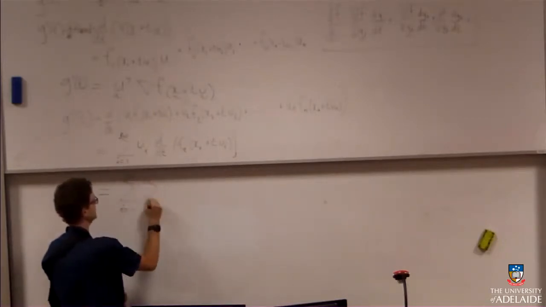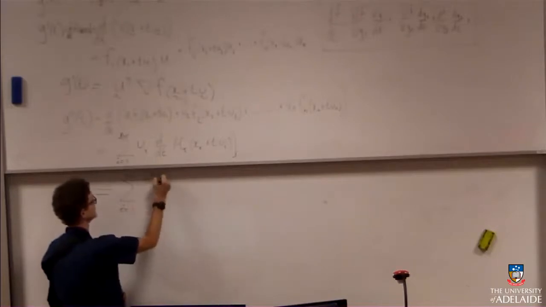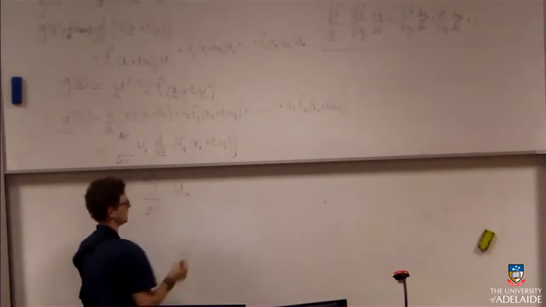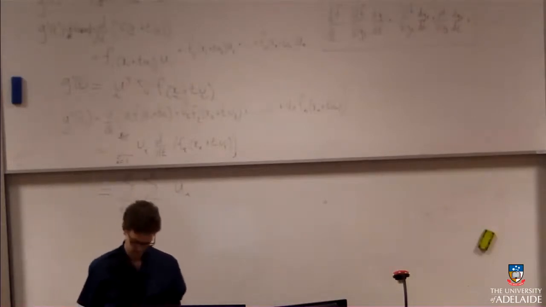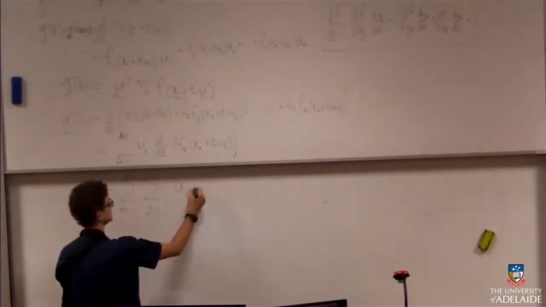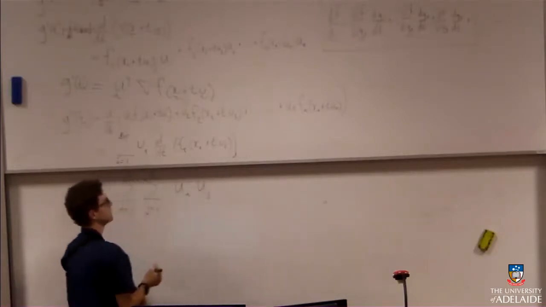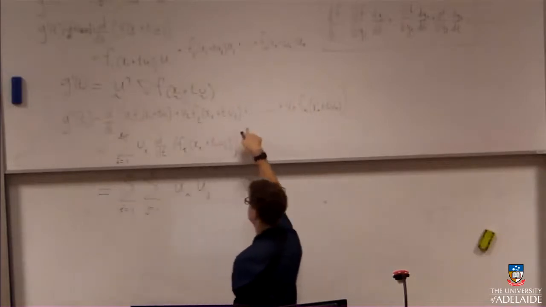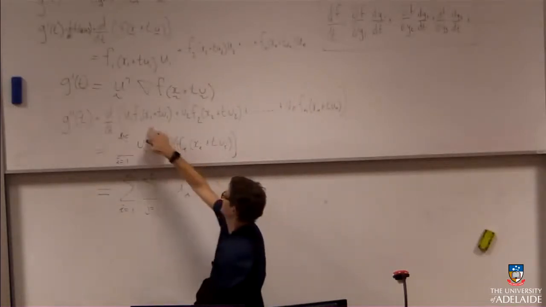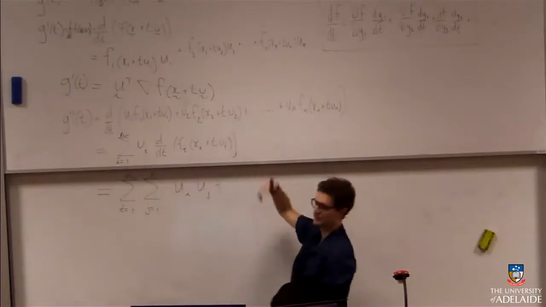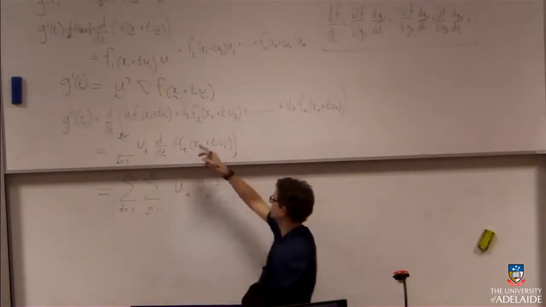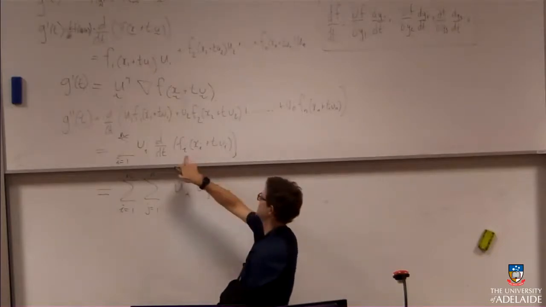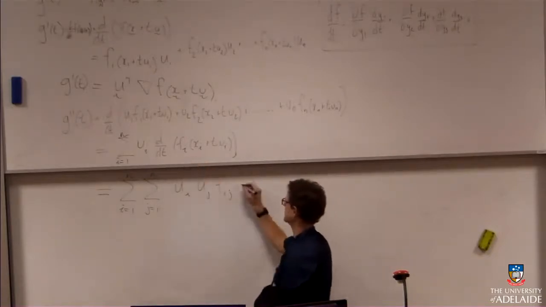I'll also get a new sum coming in from j equals 1 to n. I'm going to get my ui's, and then some new uj's coming in here. So I'm going to get this sum returned again, and now I'm going to get the derivatives of all of these f terms with respect to each component, the first, second, third, etc. component again. So I'm going to get the derivative of all my fi's with respect to every j now.